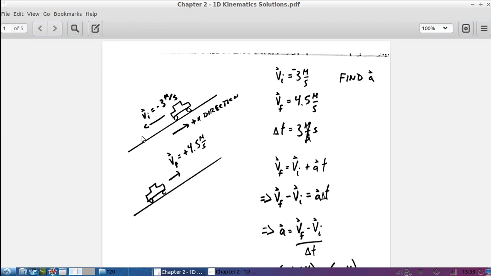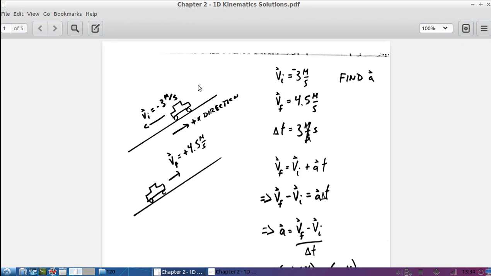All right. So the problem says the car is coasting down the hill with a speed of 3 meters per second. What the problem doesn't say is that the car's velocity is negative 3 meters per second. In my coordinate system, up the hill is the positive direction, down the hill is the negative direction.